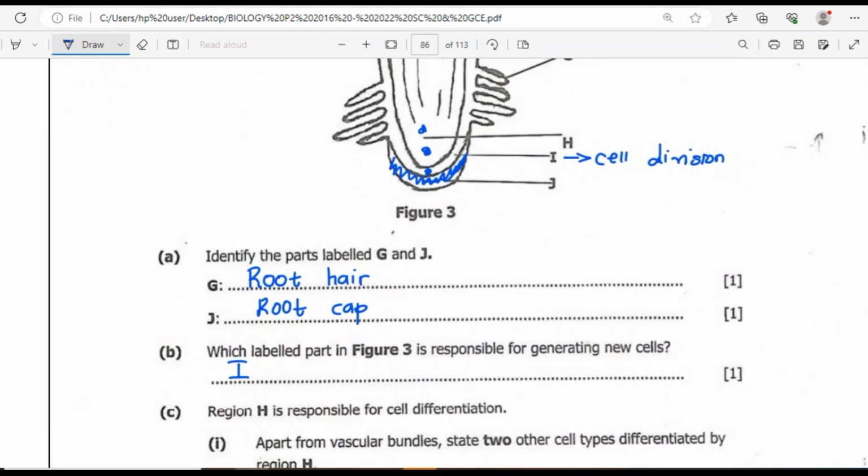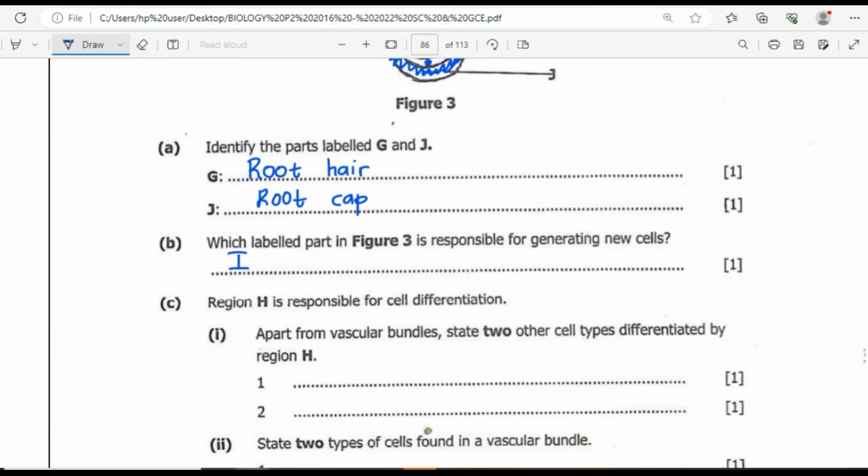Now let's look at what the question is. Region H is responsible for cell differentiation. Apart from vascular bundles, state 2 other cell types differentiated by region H. So we have parenchyma, then we have collenchyma.